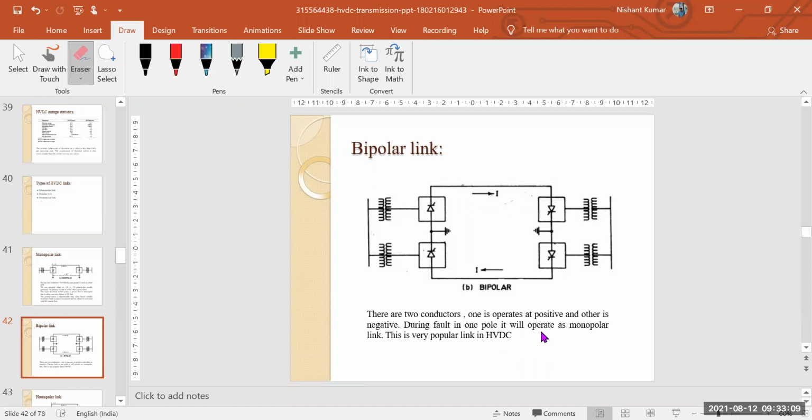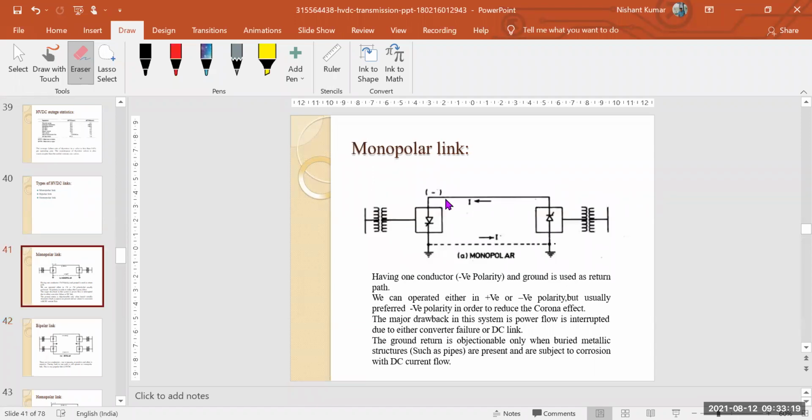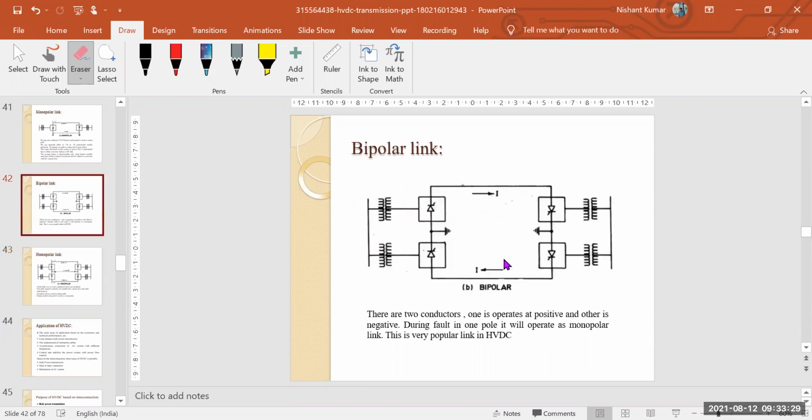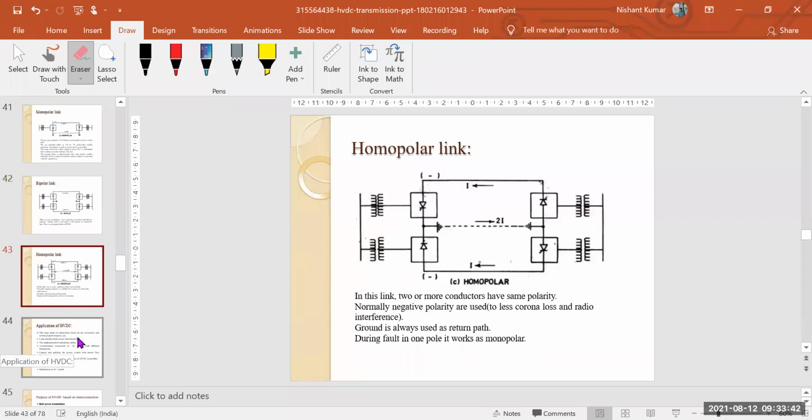During a fault, one pole operates as a monopolar link, and this is a very popular link in HVDC. In this, one is your positive and one is your negative. Here this is negative, and this one is negative, both are negative. That's why they have taken the path as 2I, and over here there is zero flow until there is an error. If there is an error, it works as a monopolar. I was also confused because I had heard of it as positive.